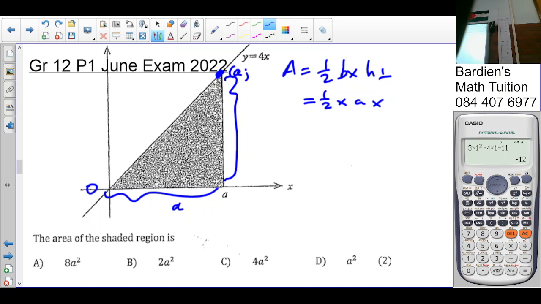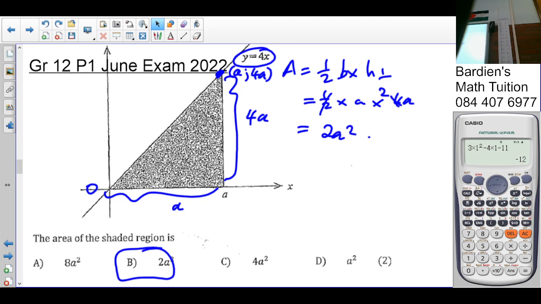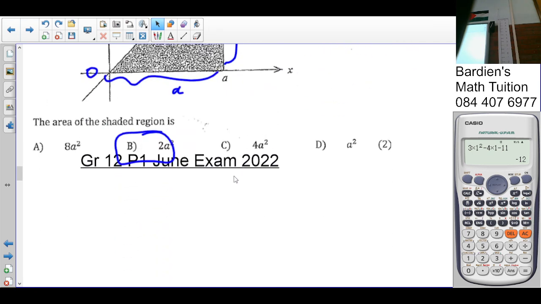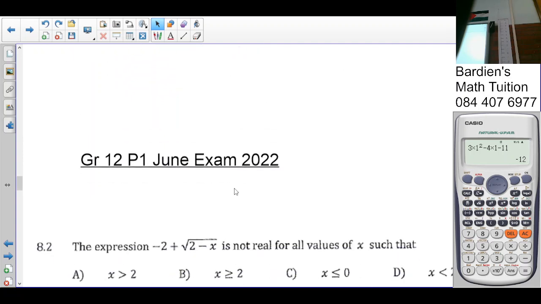If I substitute a in there, I'm going to get 4a, which makes the height of this triangle 4a. So half times that gives you 2. So the answer is 2a squared. It makes the answer B. Alright. That's fairly simple. 2 marks.